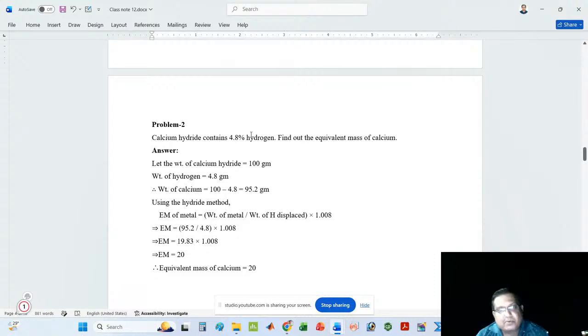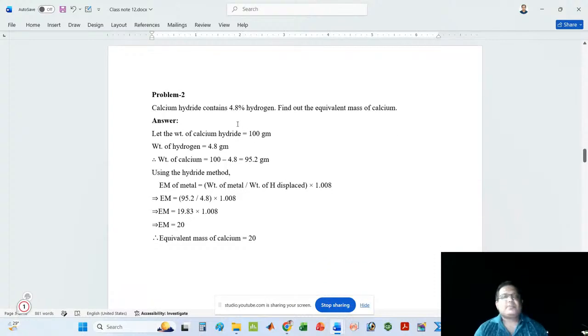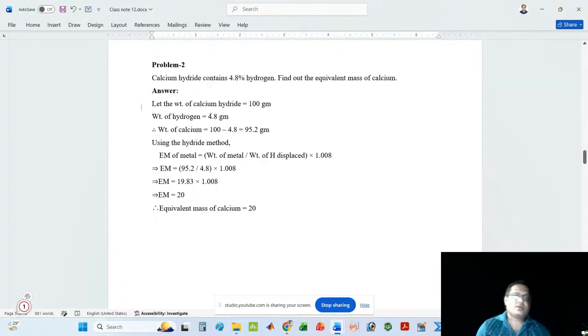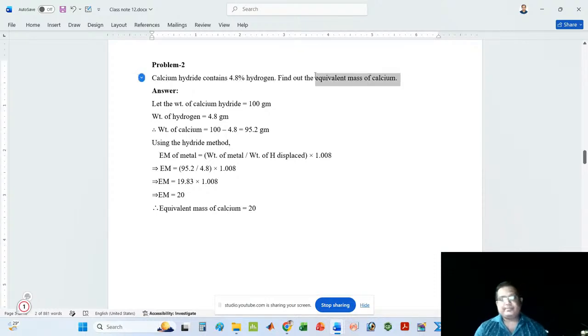Now take problem number 2. In problem number 2, calcium hydride is given. In calcium hydride, 4.8% of hydrogen is present. Find the equivalent mass of calcium.